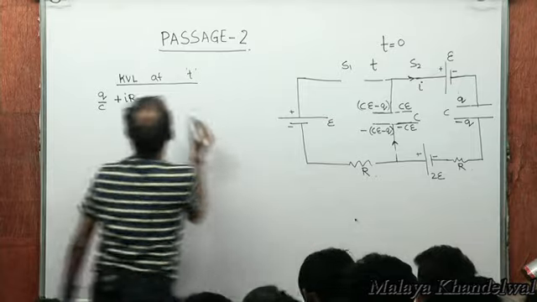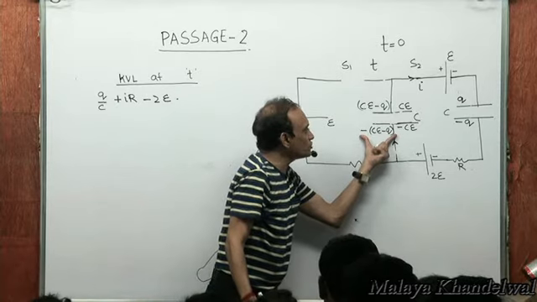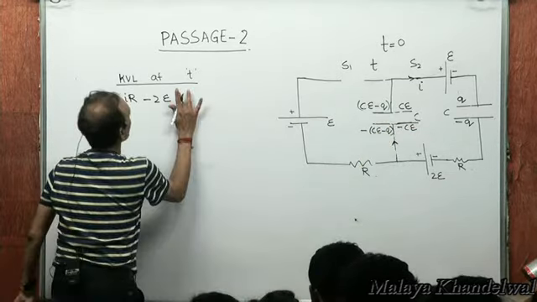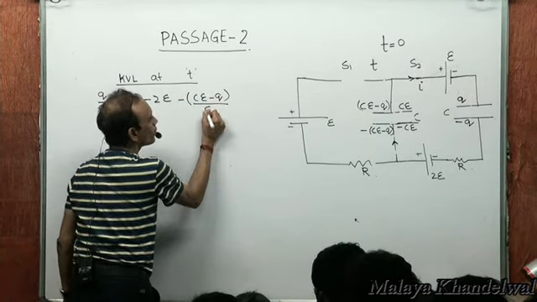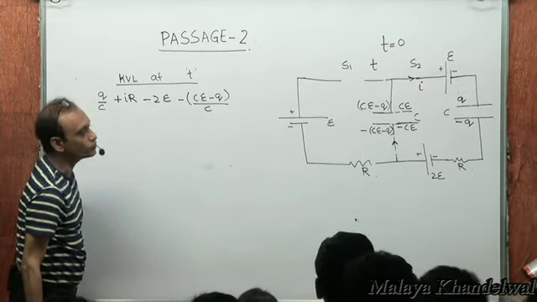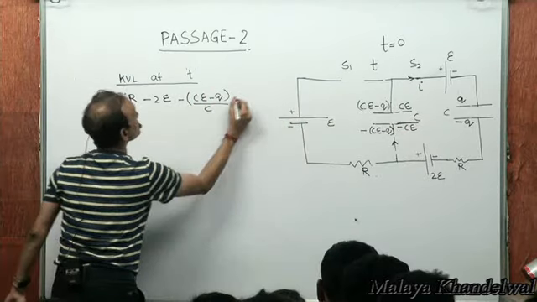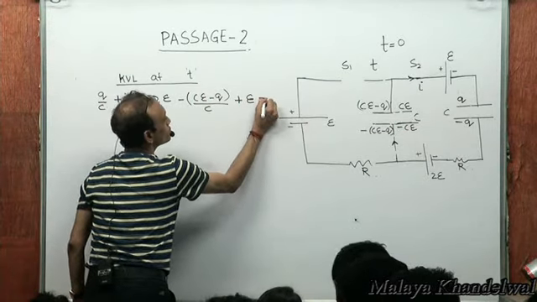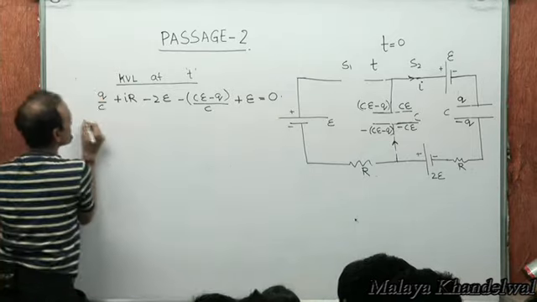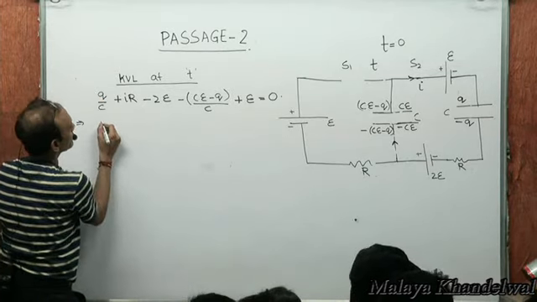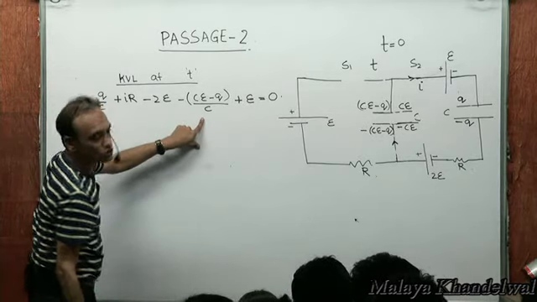The drop from here to here would be charge on this divided by C. Yes or no? And then there is a plus epsilon. All of this must add up to 0. That's the story. Now what does this give me? This gives me IR, and there is a Q by C plus Q by C, that means 2Q by C.